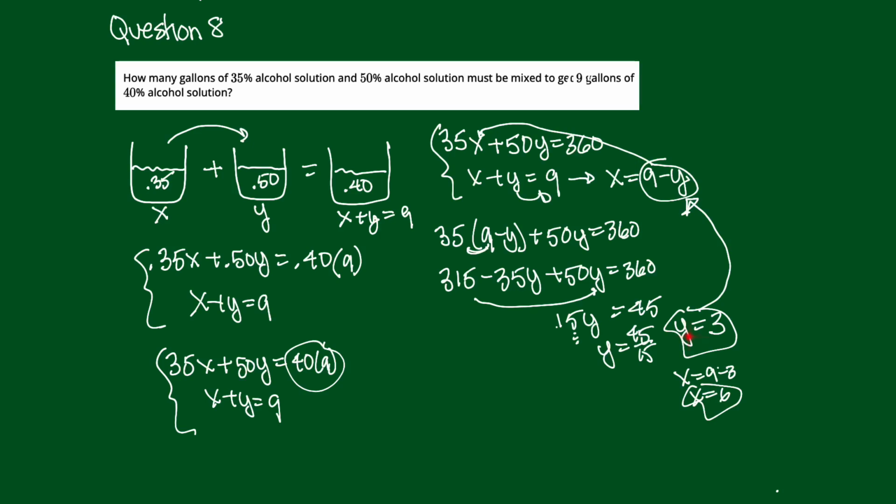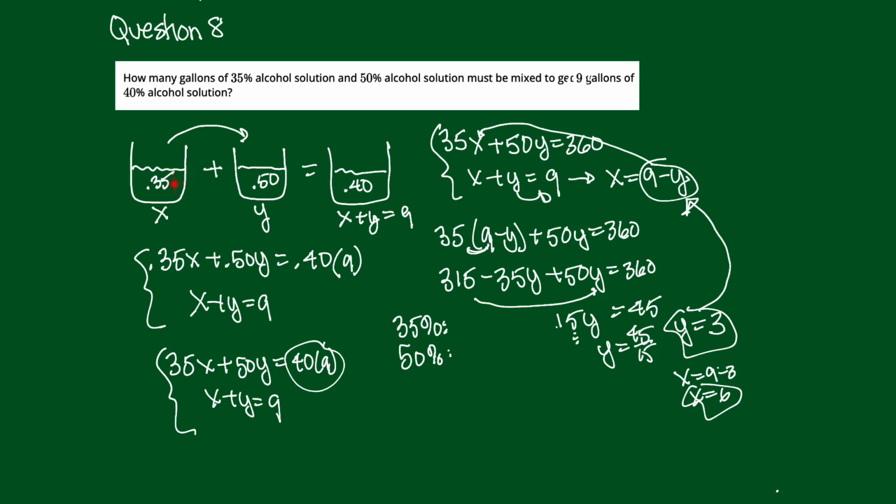So what are these things? The answer is not x equals 6, y equals 3. Here's the question. How many gallons of each must be mixed? We've got a 35% solution and a 50% solution. So how much of each? What is the 35? Look over at your picture.